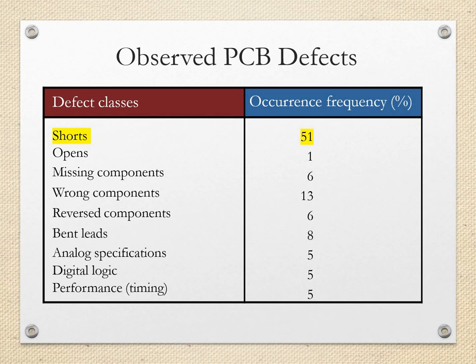So most of the defects are due to different shorts. There may be a short connection between successive pins or nearby wires which are running. Those types of faults occur around 51% of the total.